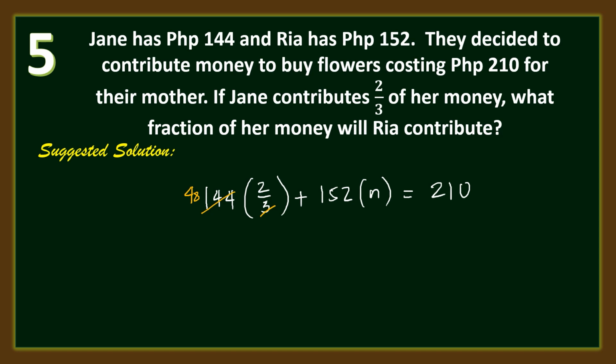Then let us subtract 96 from both sides of this equation. We'll have 152 times n is equal to 210 minus 96.